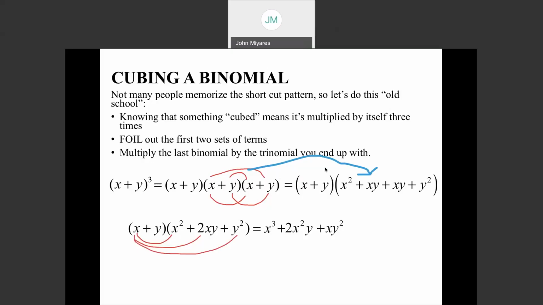Now it's time to look at multiplying the plus y term by each term in the trinomial. Y times x squared is going to give x squared y. Y times 2xy will give 2xy squared, and y times the y squared gives y cubed.